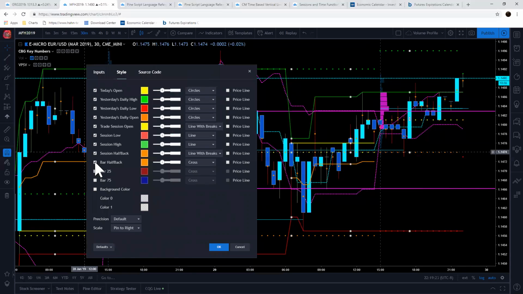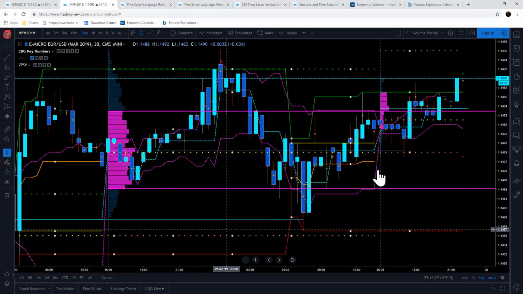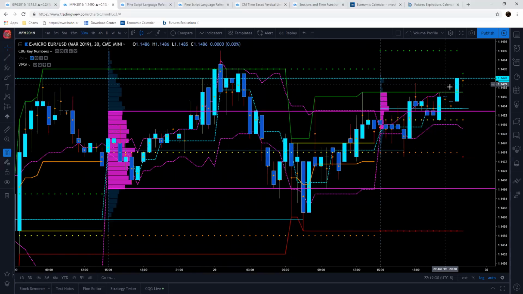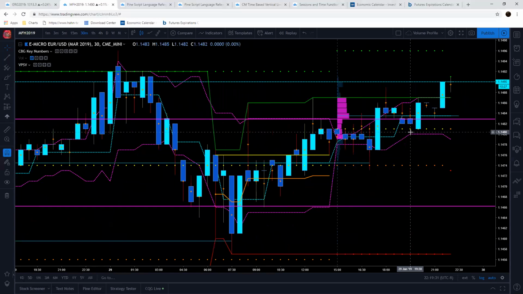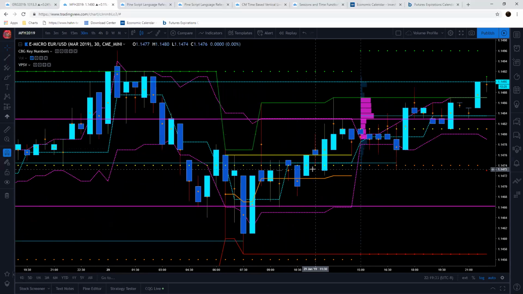So I added these indicators on the candles themselves, and the first one would be halfback. If you wanted to enter a trade on this candle, you could use the guideposts on these bars to determine where to possibly enter or exit your trade.